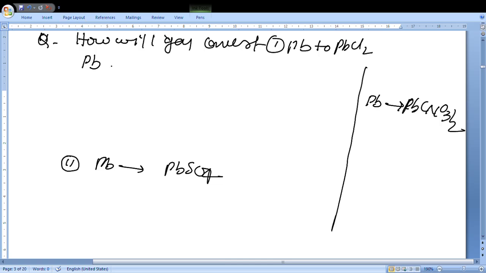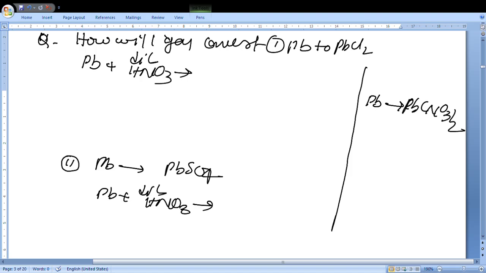So here Pb plus dilute HNO3. And we have learned in previous parts of this lesson that nitric acid when it reacts with metals acts as a strong oxidizing agent. So this nitric acid is reacting with Pb, so it is acting as an oxidizing agent.